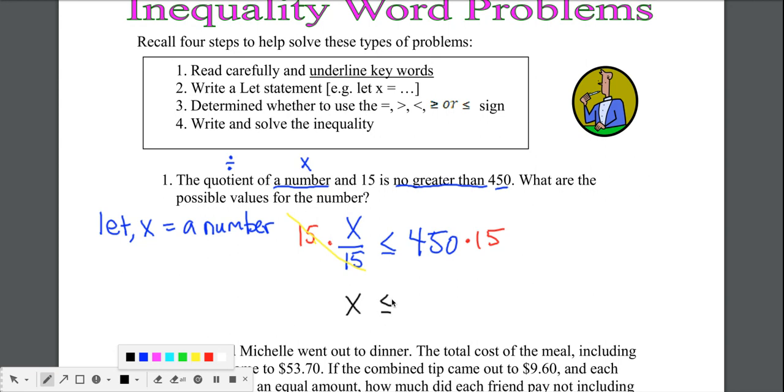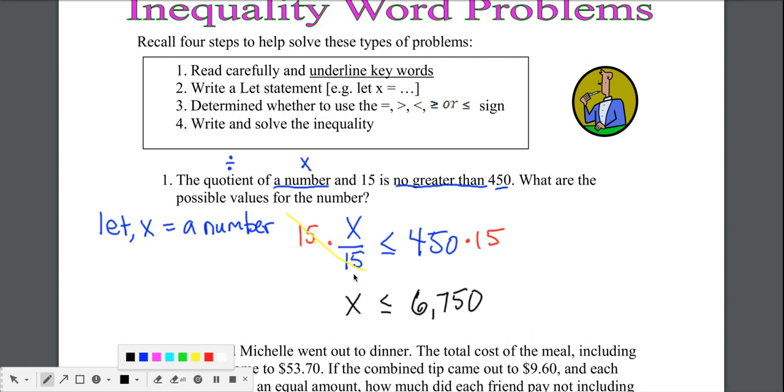Your particular number can be anything that is less than or equal to, and 450 multiplied by 15 is a big number, 6,750. So that X value can actually be anything that is 6,750 or smaller.